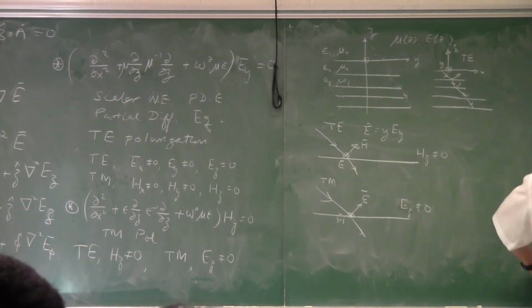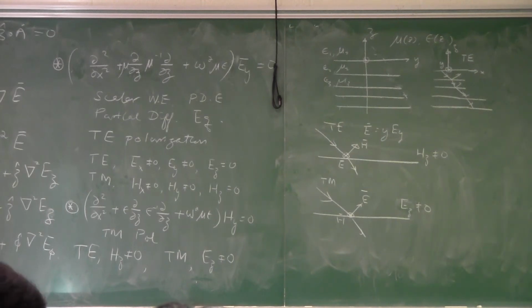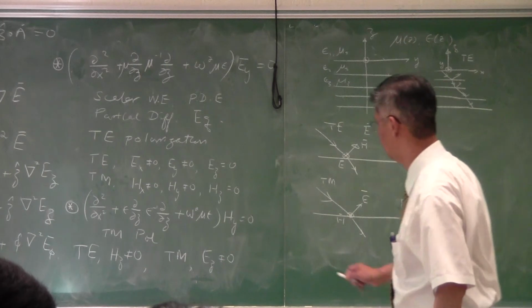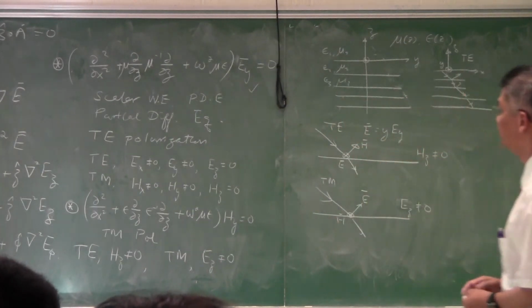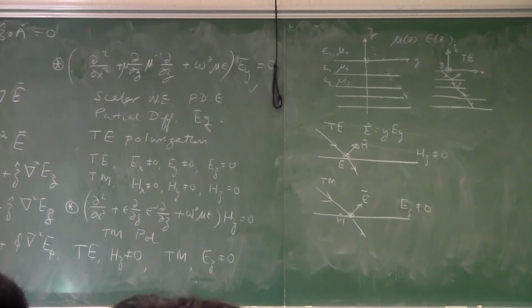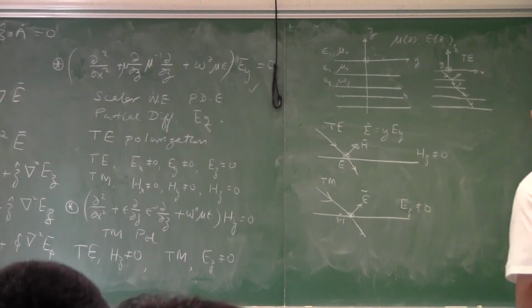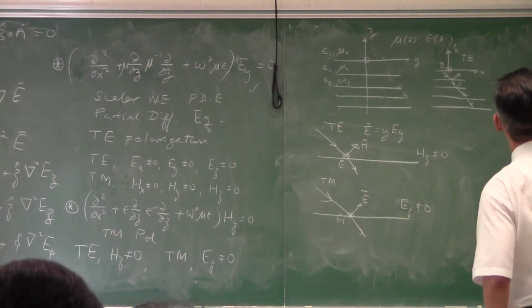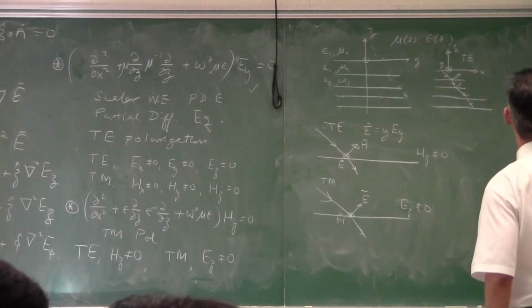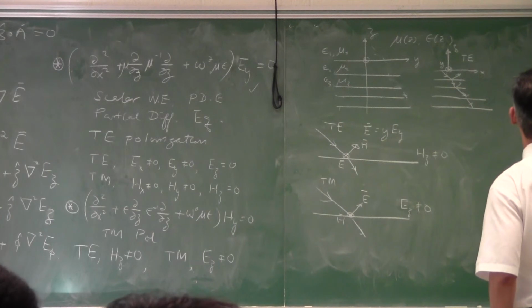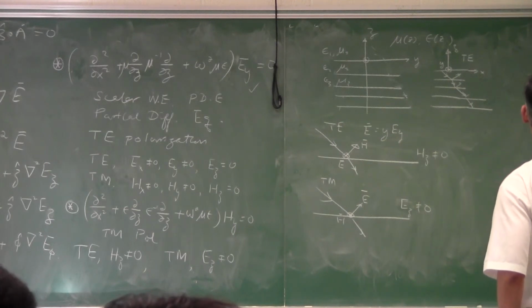So can we derive other forms of equation for TE and TM waves? We can, and let's see how we can do that for the case of, say, the TE polarization. So we start with the vector wave equation for magnetic field, which looks something like this.